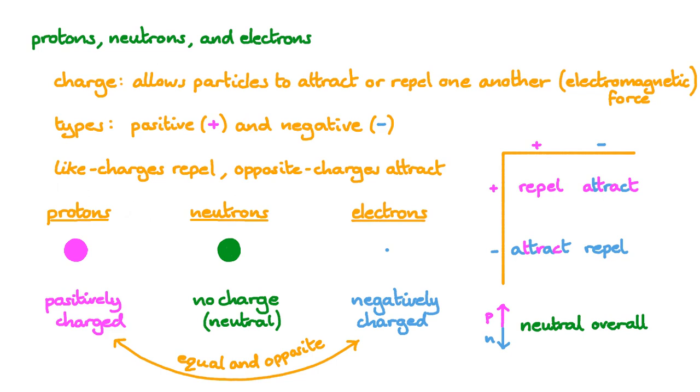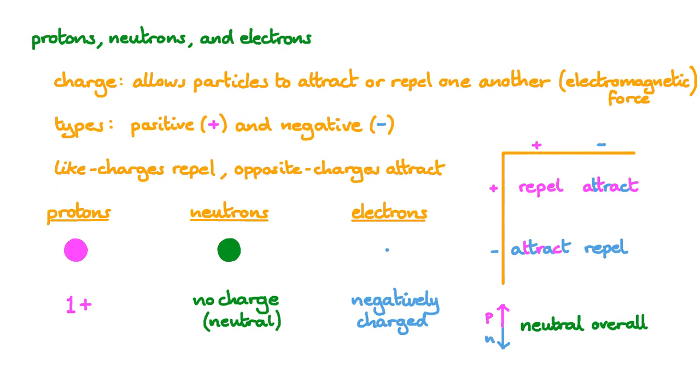But chemists tend to use simpler numbers. We tend to say that protons have a single unit of positive charge, so we say their charge is 1+. Electrons have exactly the same size of charge, simply negative, so electrons have a charge of 1-. Neutrons with no charge are said to have a charge of 0.